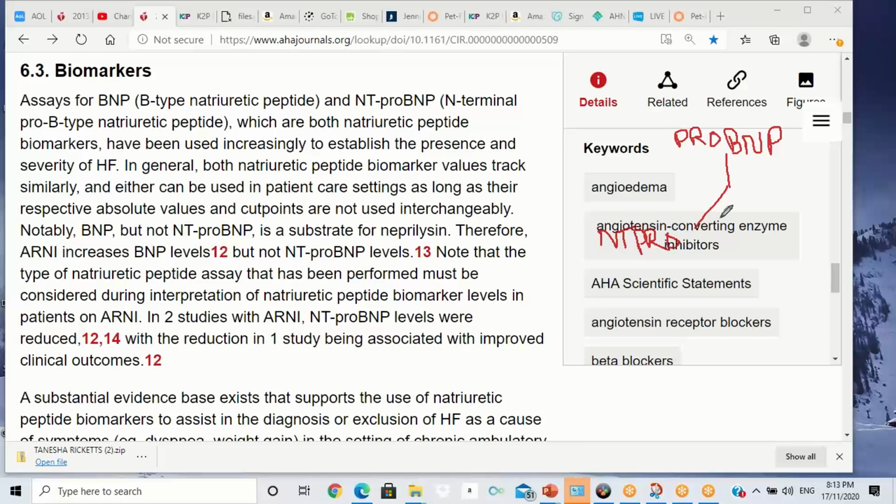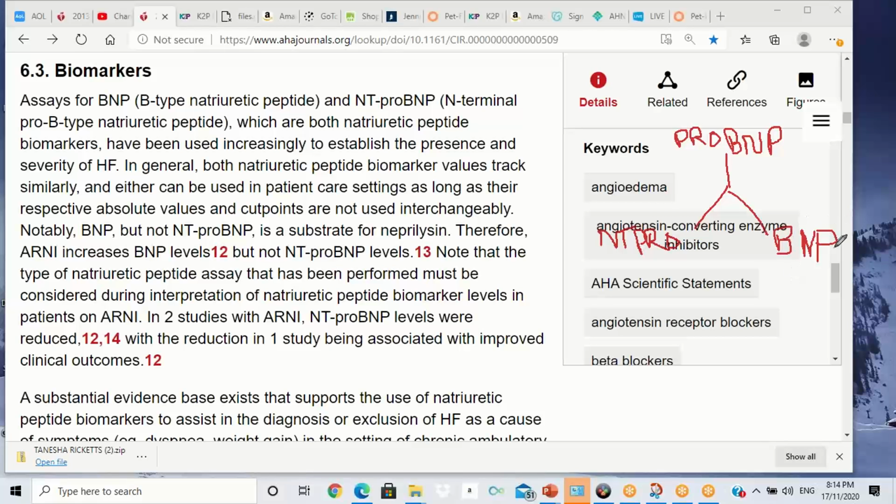And then you also get your BNP from that. So again, it's a compensatory mechanism. Whenever you have heart failure, you get increased left ventricle filling pressures, and that causes stretch in the chambers, the atria, and you're going to produce the proBNP. ProBNP is going to cleave to give you an NT-proBNP and a BNP.